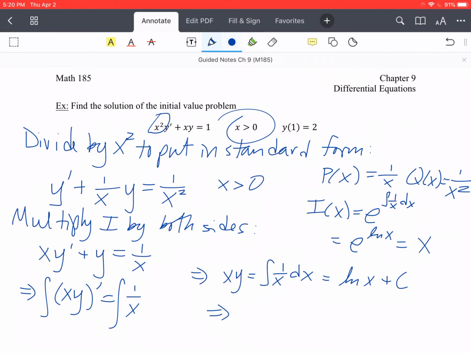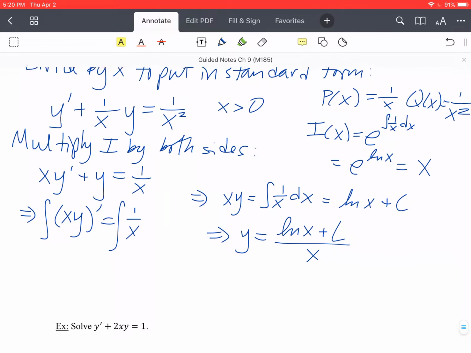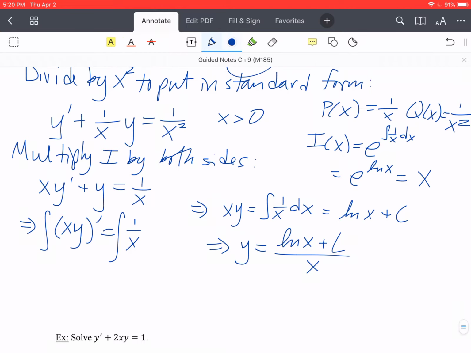So we're going to get y equals ln of x plus c over x. Okay, just divide that x term over. Right, so we just divide there, and then divide that by this side as well. Now that would be our general solution to the differential equation.